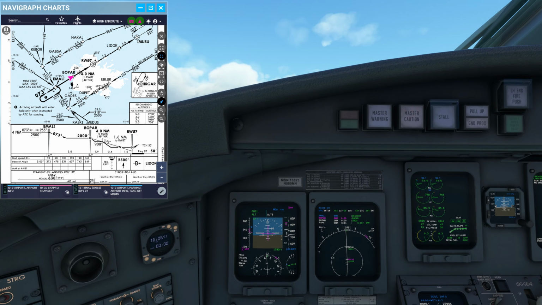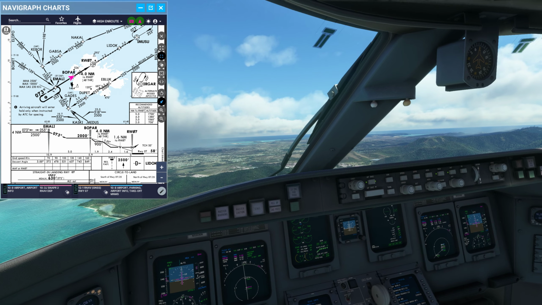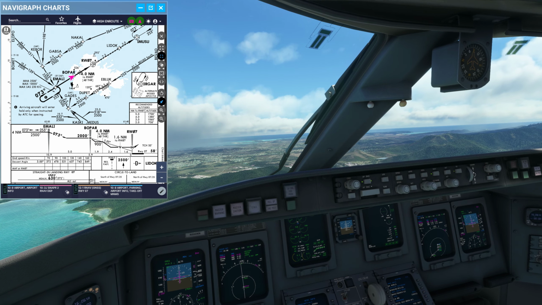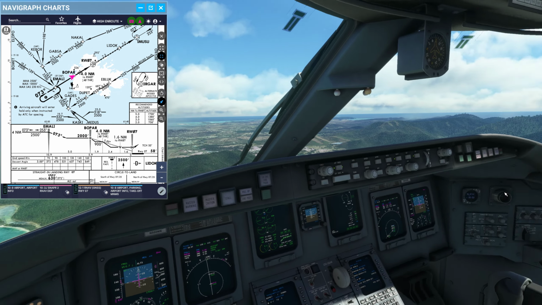So pretty soon here I'm going to want to back off the power, because once we start descending, it's going to speed up. So there's 600 feet a minute right there.